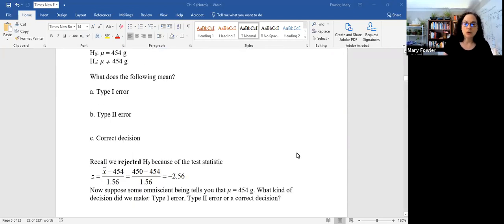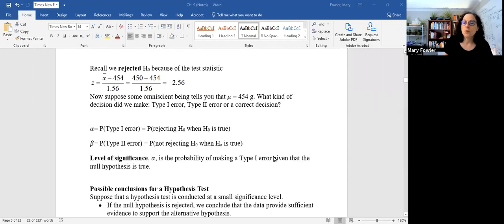Okay, so we're going to use alpha, and you've seen this alpha before, to denote the probability of a type 1 error. So it's the probability of rejecting the null hypothesis when in fact it is true. And in our work in previous chapters, we've been working with the notation Z sub alpha. So alpha is the probability of that type 1 error.